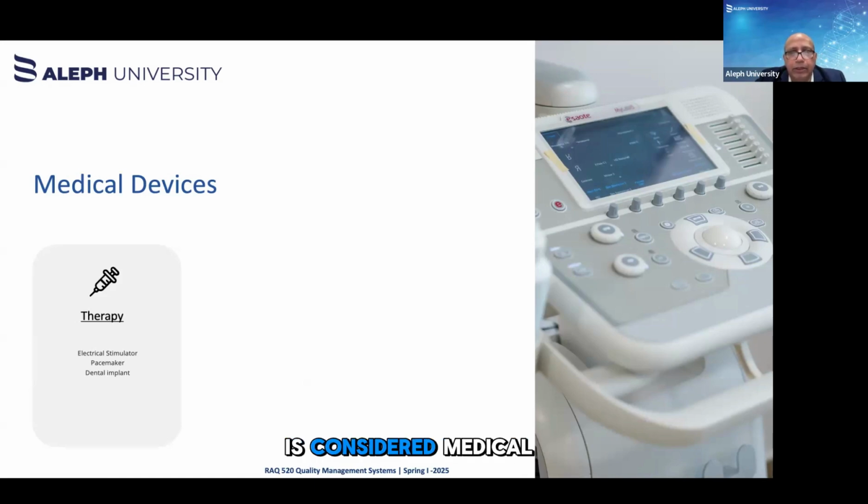The dental implant is considered a medical device. Infusion machine, medical laser, for example, for treatment of different skin conditions or other conditions in surgery. Defibrillator is a therapy device. RF ablation to remove tissue or to remove other things, for example, nodules or things like that.